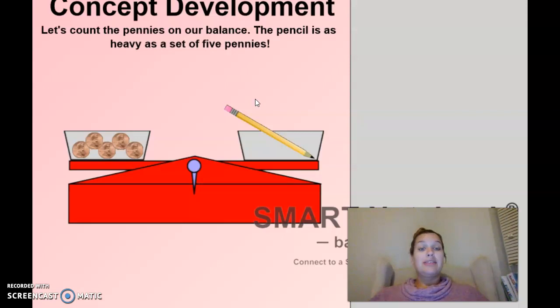We used words like that is heavier than, or that is equal to, or the pennies are lighter than, right? So we used a lot of great big words that we're going to continue to use throughout the whole unit. So I need you to keep these words in your brain. Let's lock them in. I need you to keep the words balanced, heavier than, and lighter than all locked in your brain. Think you can do that for me?